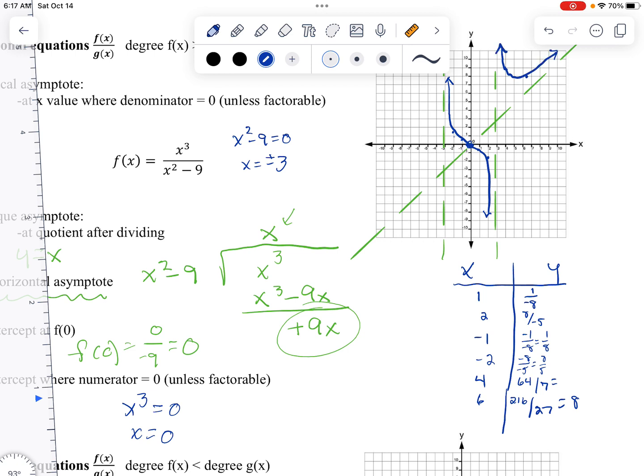If you look at the negative part, well, let's plug in a negative 4. If we plug in a negative 4, we would get negative 64/7, or approximately negative 9. So right down here, and if we plug in negative 6, we would get negative 8.